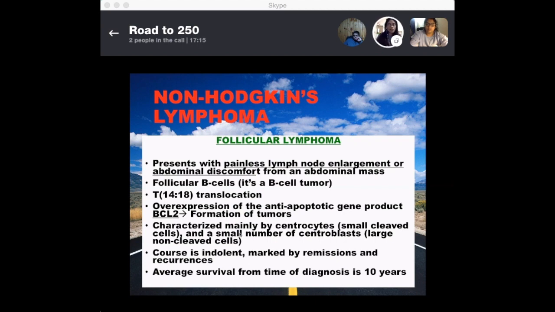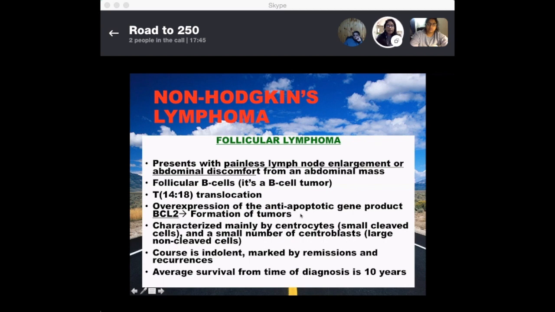As a result of this translocation, it causes overexpression of the anti-apoptotic gene product BCL2. And you can remember anti-apoptotic, so it wants the cell to live, and BCL2 has 4 letters that can indicate live, LIVE, 4 letters to help you remember. As a result of this overexpression, there's formation of tumors.